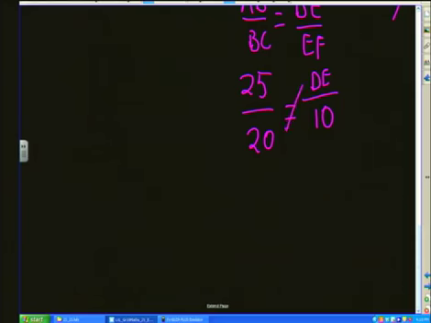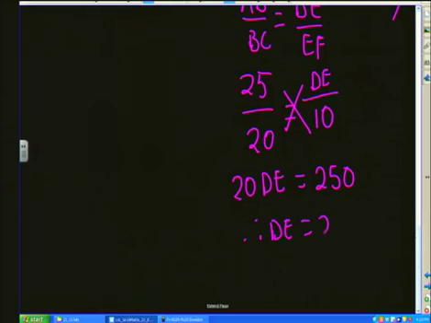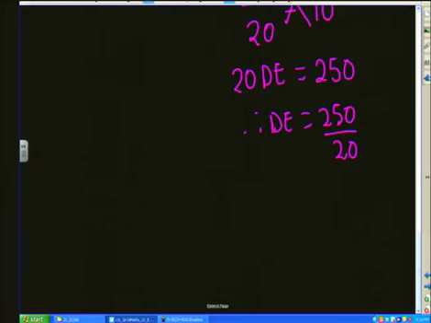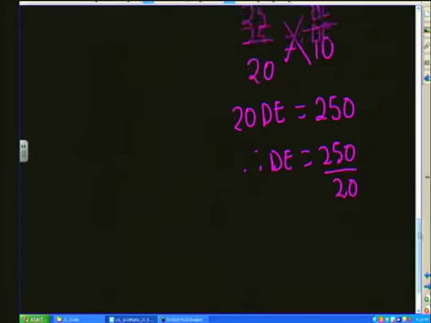Then simply by cross multiplying, I can say 20 times DE is equal to 10 times 25, which is 250. Therefore, DE is going to be 250 divided by 20. All right, so let's just have a look and make sure that is correct.